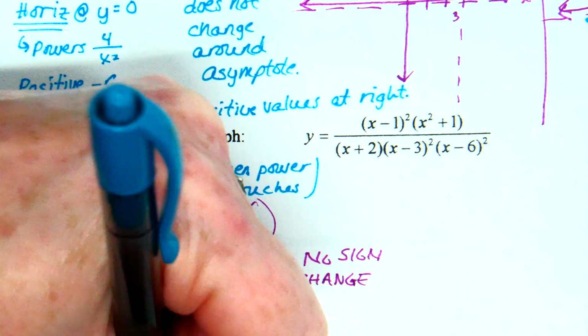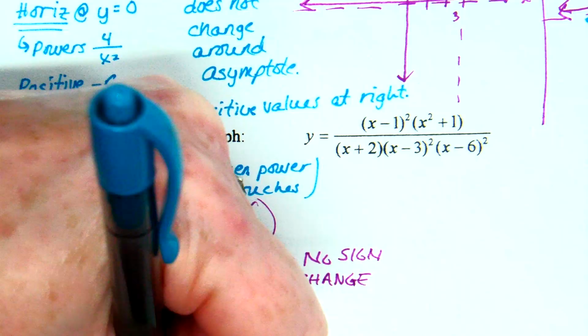What do you guys think? She says since it's 6, we stay up. 6 had an even power, and so that tells me we stay up. So I'm not changing signs. What am I going to do in between these two asymptotes? This is like a parabola. Now what? Okay. At 3, because it was a squared, we're not changing signs, so we stay up again.